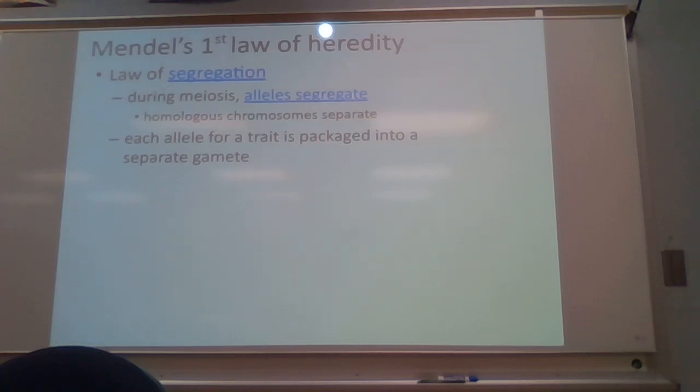The alleles start to separate in meiosis 1 when our homologous chromosomes separate, and then in meiosis 2, the sister chromatids separate.